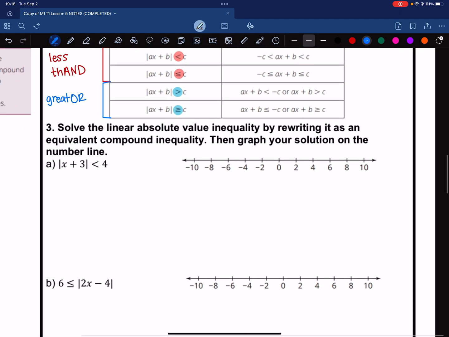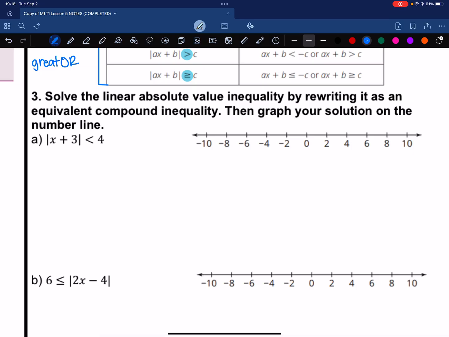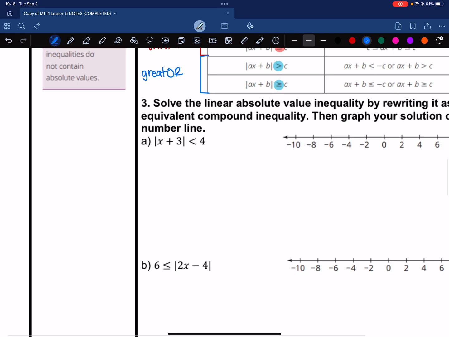Okay, so in these examples, we're going to solve the linear absolute value inequality by rewriting it as an equivalent compound inequality. Then we will graph our solution on the number line. So when we go to graph our solution on the number line, we have to remember a few things. If you have the inequality signs with no line underneath, you will graph using an open circle.